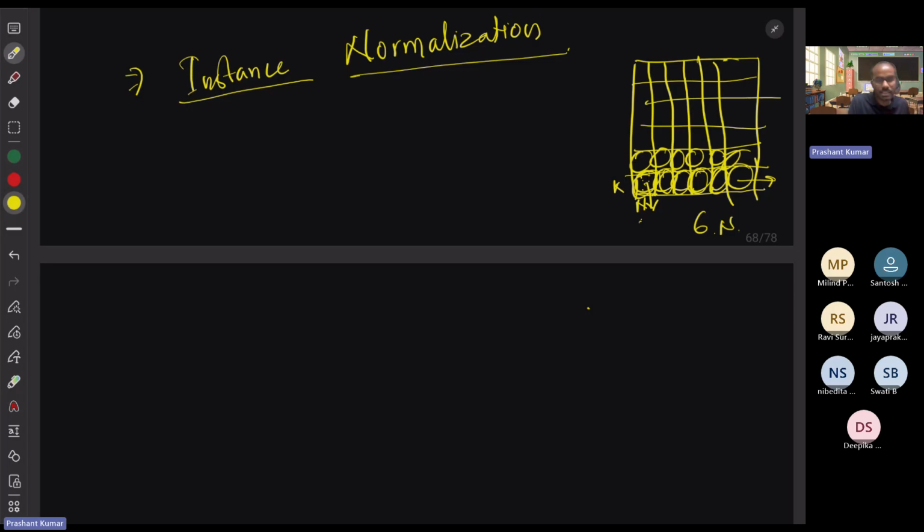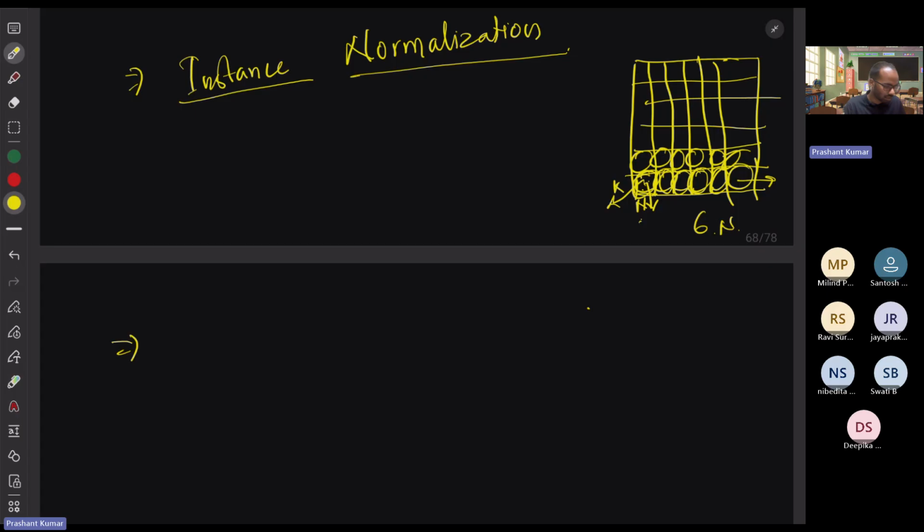So this instance normalization is not of any help at all, and this is always going to give you the worst result, because it is not trying to create any relation with anything. We are not leveraging any correlation. It is individual. Everything is individual.